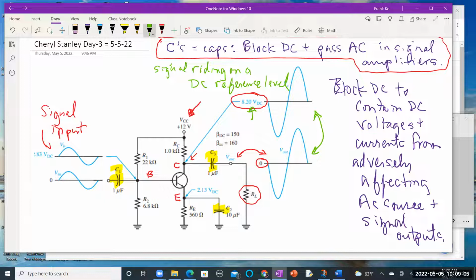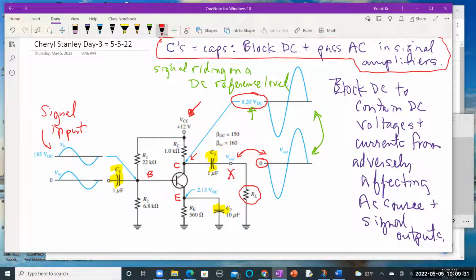But if we measure in those two places, V out, and let's call that point X right there. We will see the waveform that's shown on the lower right. If we measure with our oscilloscope at point C, we will see the waveform on the output shown in the upper right.